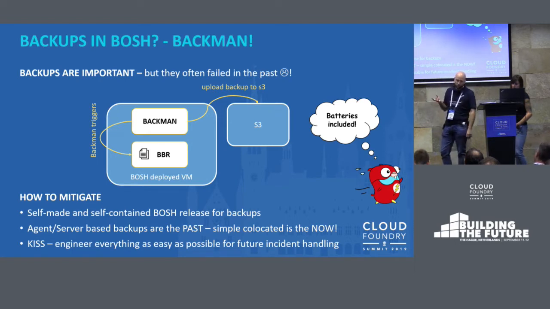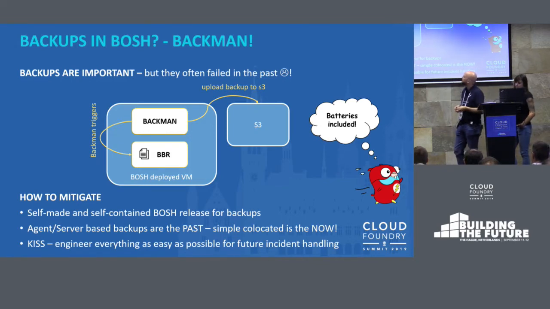What this Backman component does is it runs the BBR scripts based on a crontab-based schedule. It packages up the BBR artifacts and archives them onto S3. And it also takes care of these backup files on S3 based on a predefined retention policy.